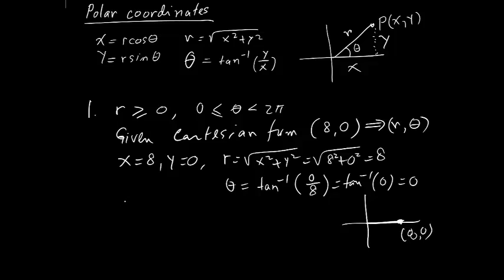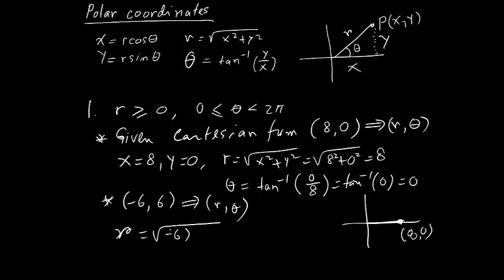Say that you have another one. The point, say I'm giving you (-6, 6), and we want to get r theta form. So then our r will be square root of (-6) squared plus 6 squared, which is 36 plus 36, that will give you 6 radical 2.